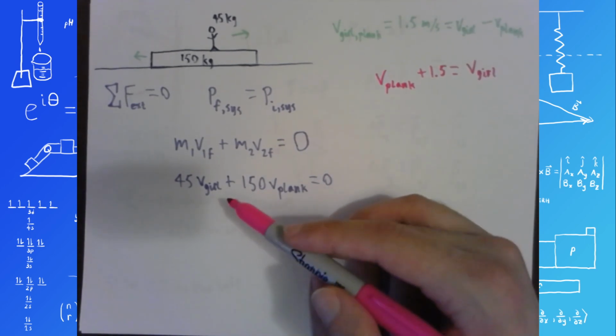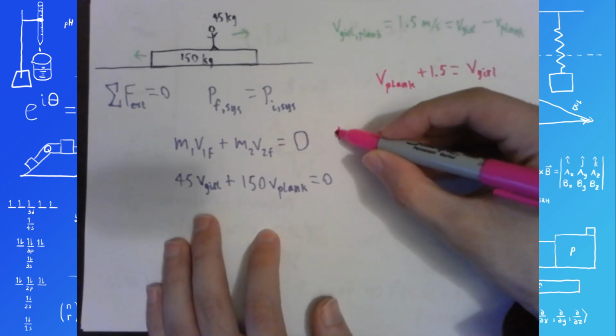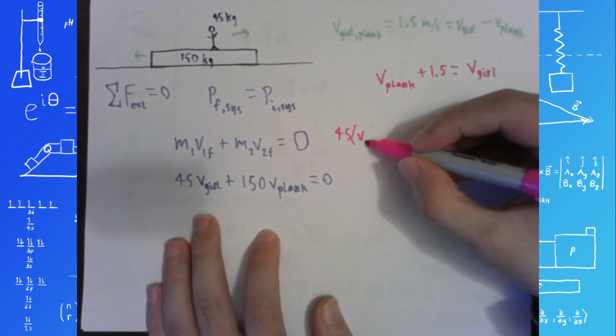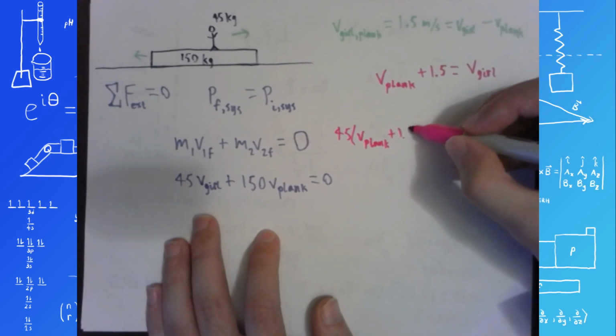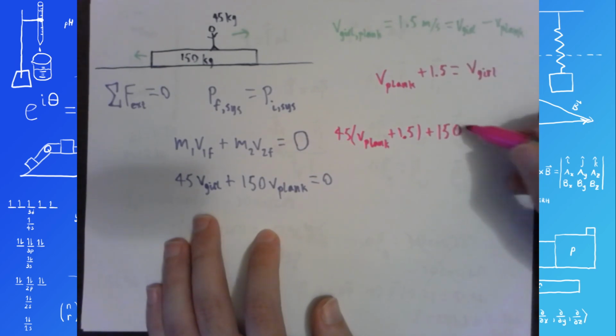Substitute that in here, and we get 45 times V plank plus 1.5, plus 150 V plank, equals 0.